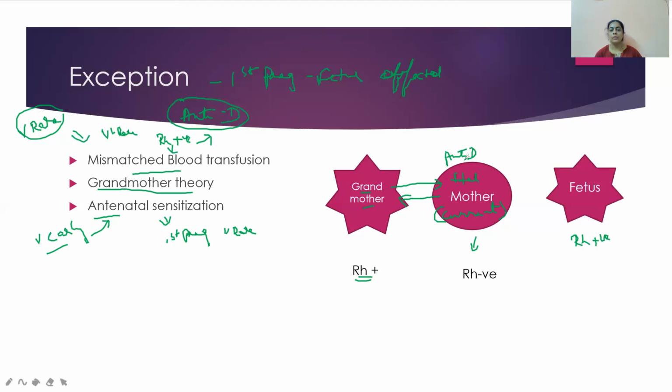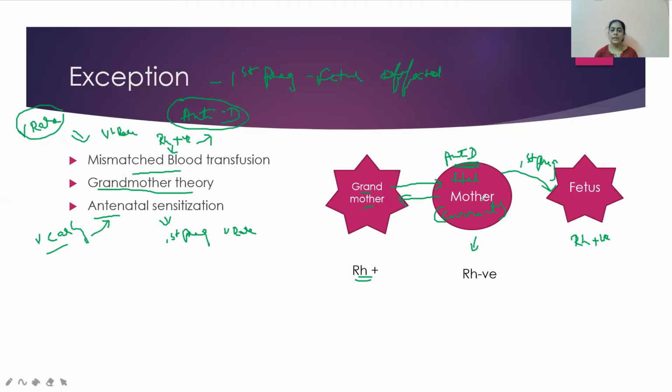Means the current mother has produced anti-D during her fetal or early neonatal life. So she has preformed anti-D now. So likely in her first pregnancy, she might affect her fetus because of the presence of anti-D antibodies in her circulation.